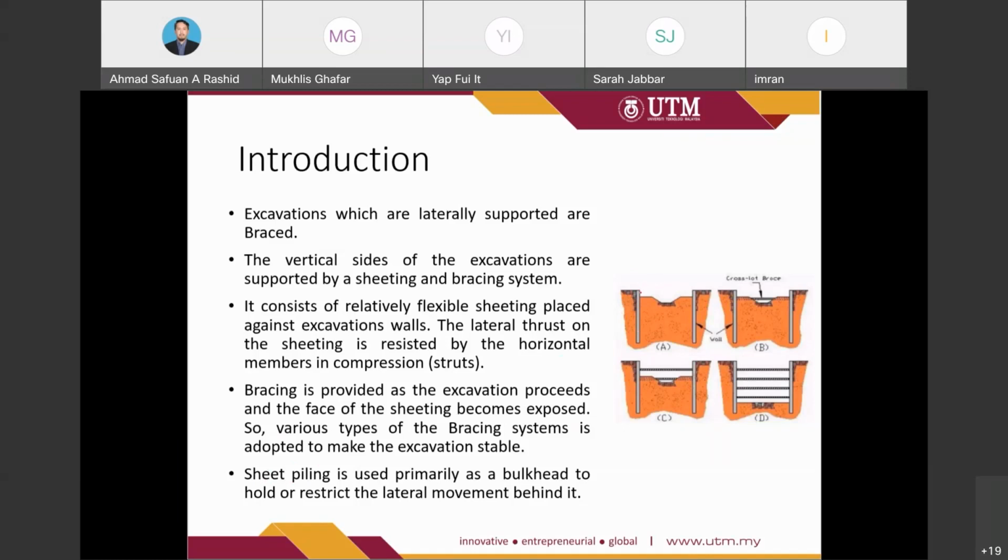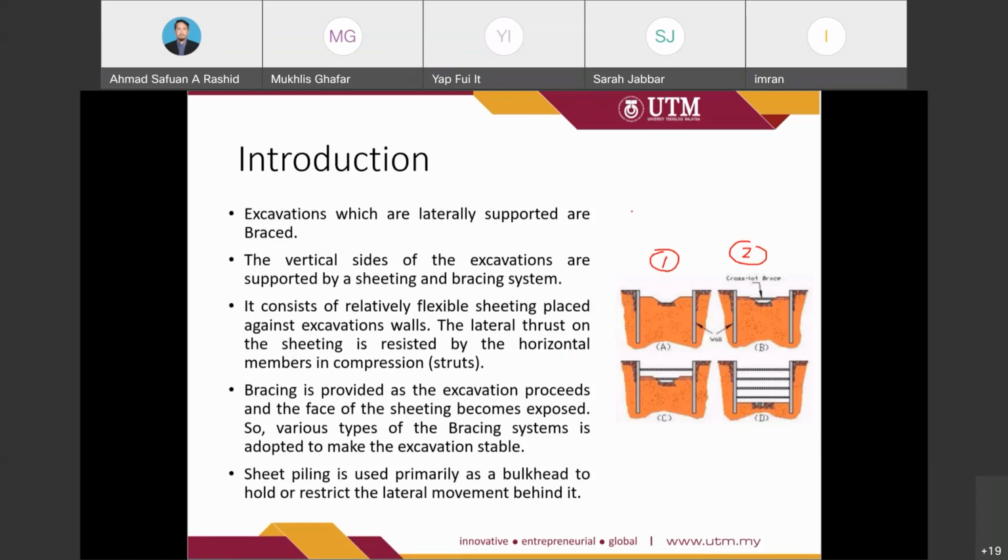After they install this sheet piling to act as a wall, they start to excavate. So this will be the first step, and then the next step is to install the bracing system.